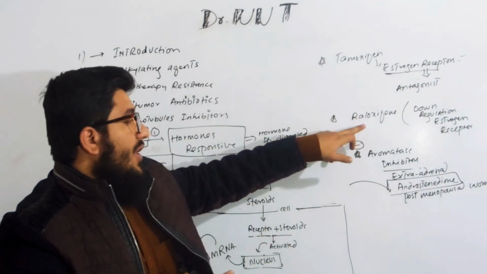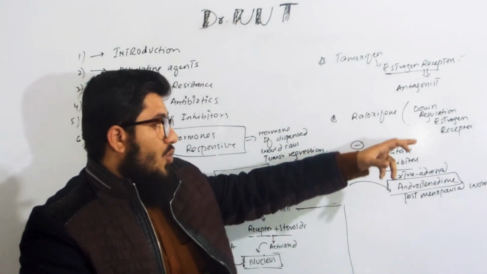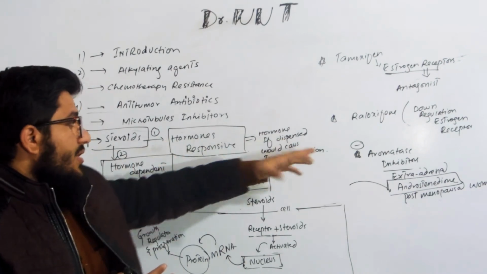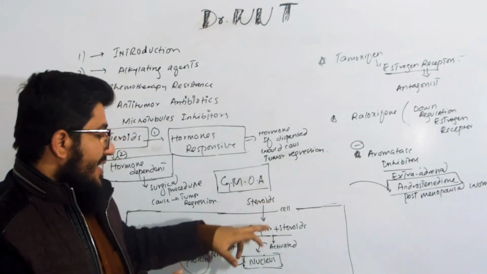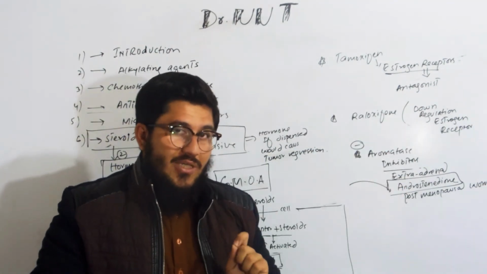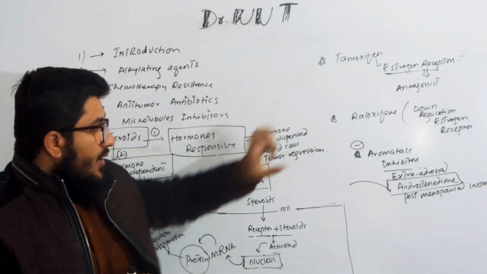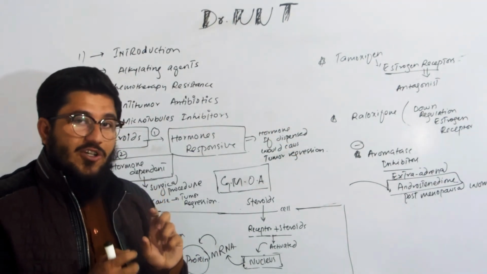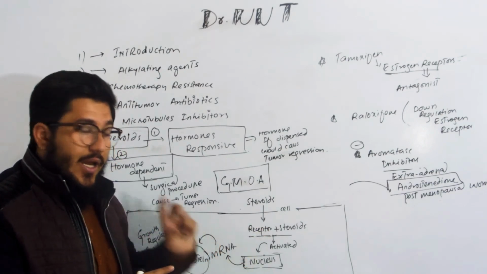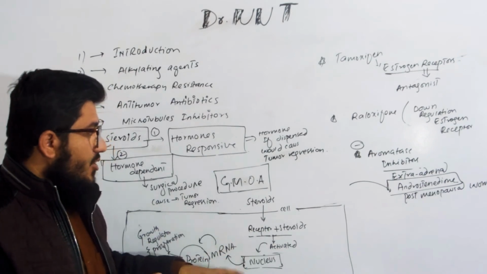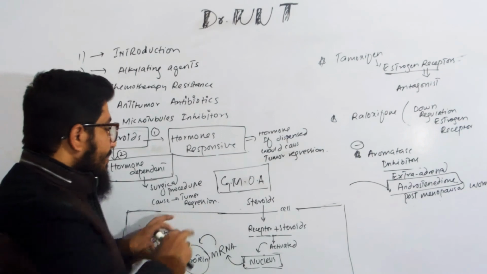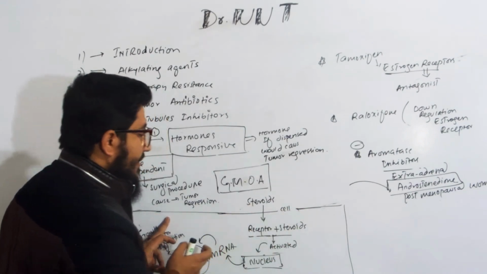Then we have raloxifene, which is also anti-tumor. These are the drugs that act on the steroidal pathway and cause down regulation of the estrogen receptor. These drugs have a common function: they either stop the receptor from translocating, or they direct proteins to bring the receptors from the cellular surface to inside the cell.